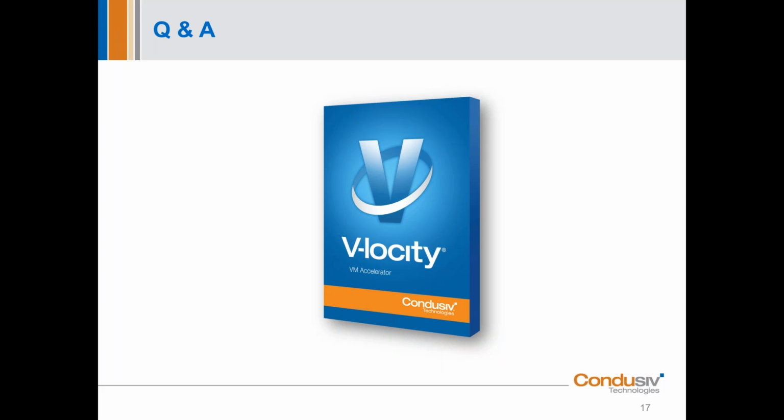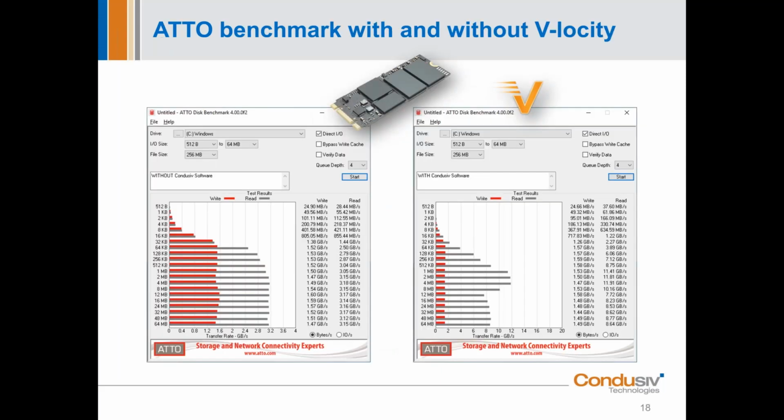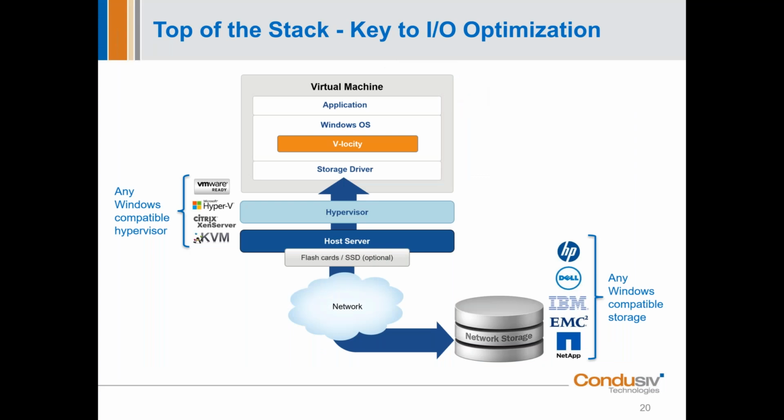And I know that this presentation has been very much tailored towards Hyper-V, but yes, you can use Velocity with Hyper-V. In fact, I've got another slide which I tucked away at the end here that really shows you where the Velocity software is intended to sit, up here in the guest Windows operating system.